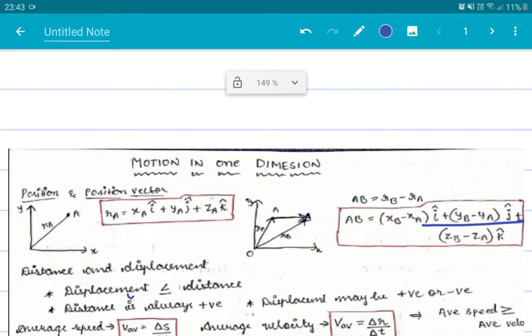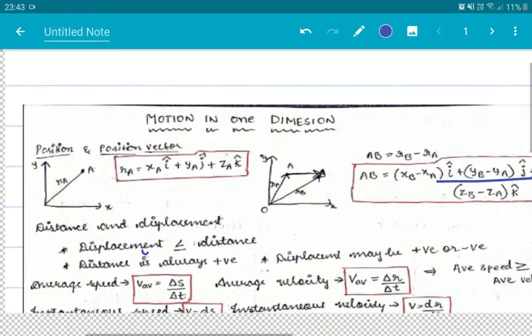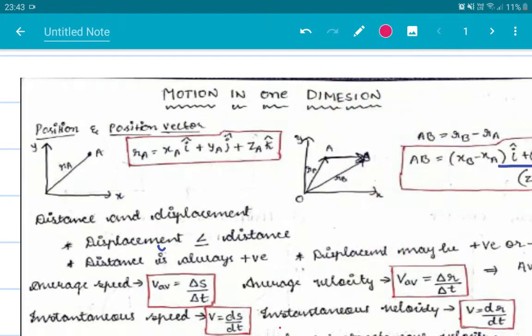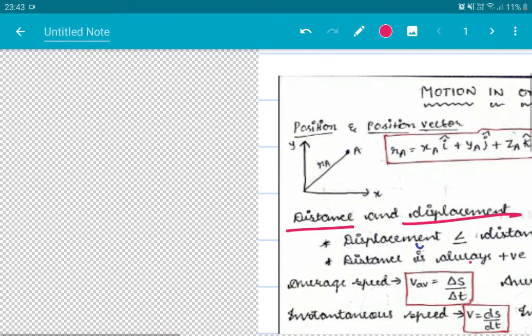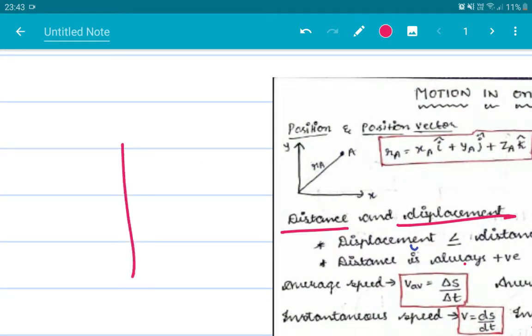Let's not complicate things. This is a very easy one, you can do it. So the next topic is distance and displacement. You know what distance is. Displacement is the shortest distance. Suppose this is A, B and C, and you want to travel from A to C. You went A to B, B to C, that is distance.